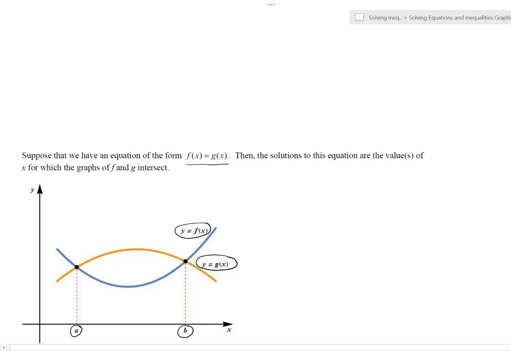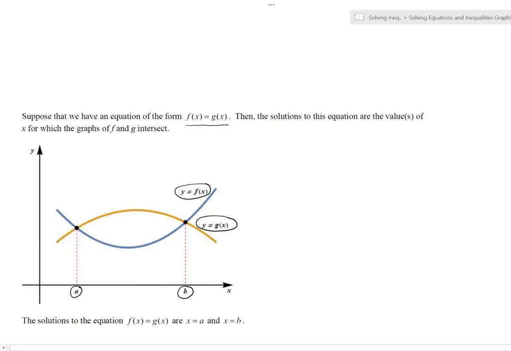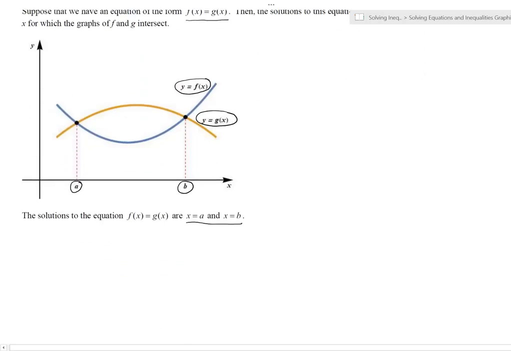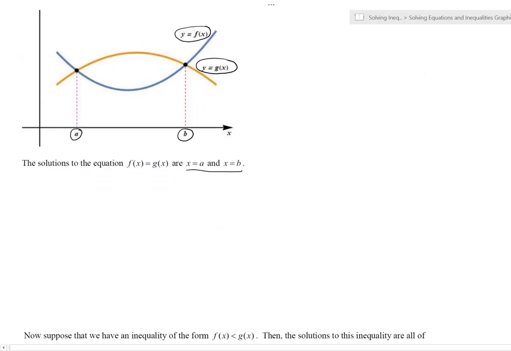Hence, the solution to that equation, f of x equals g of x, is found graphically by finding where they intersect and looking at the values of x which do this. x is a and x is b in this particular example. So we're going to try that in a bit with an example.